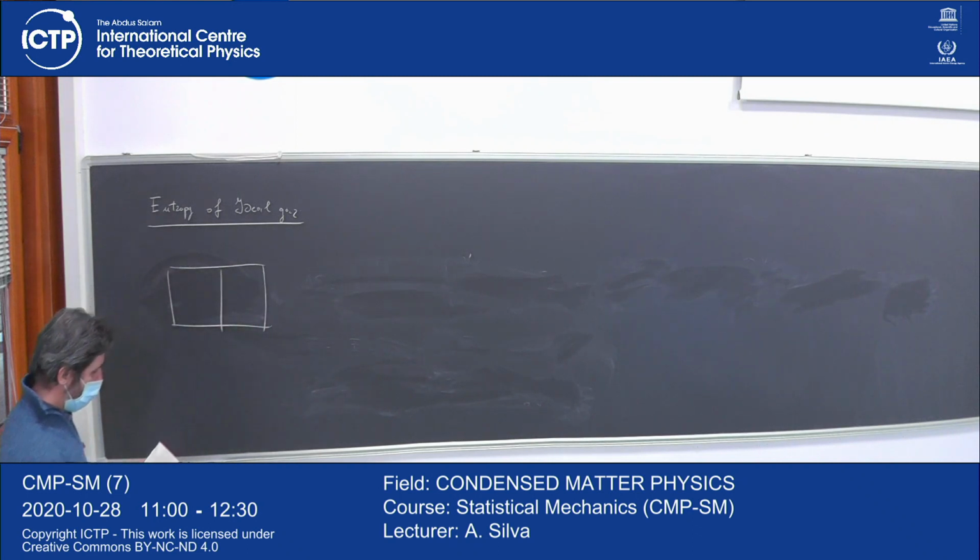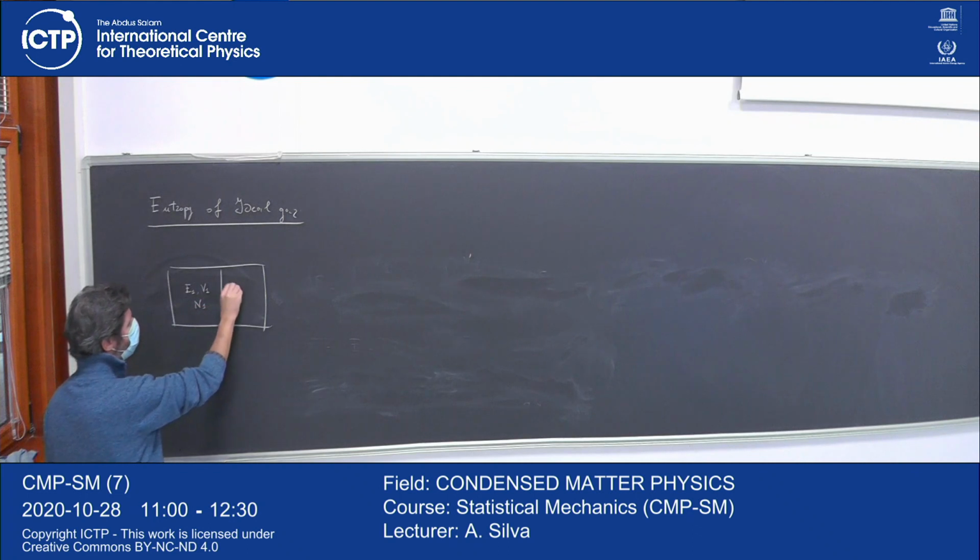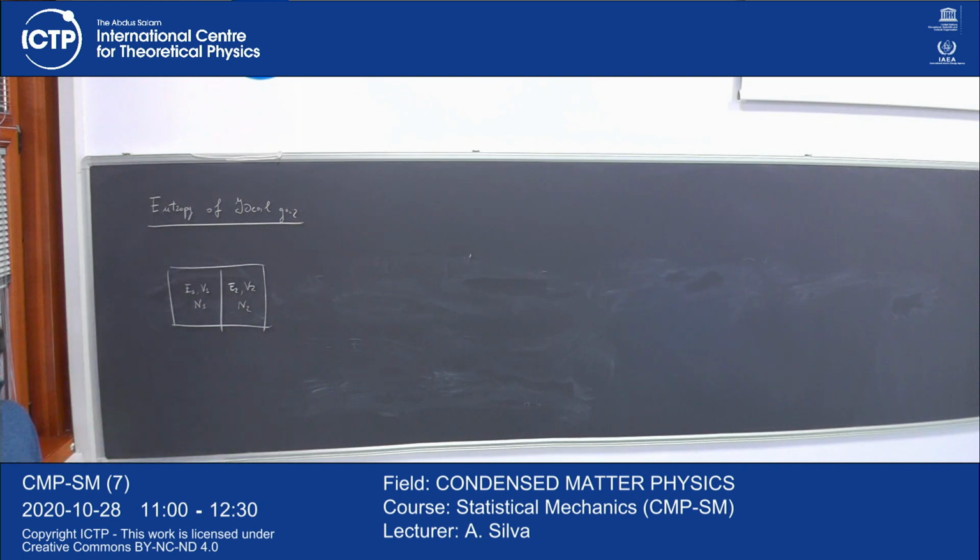I have two boxes in which I have a certain internal energy, a certain volume, and a certain number of particles. Certain internal energy here, a certain volume, and a certain number of particles. And the particles can be exchanged, and the internal energy can be transferred between the two. The entire system is closed.